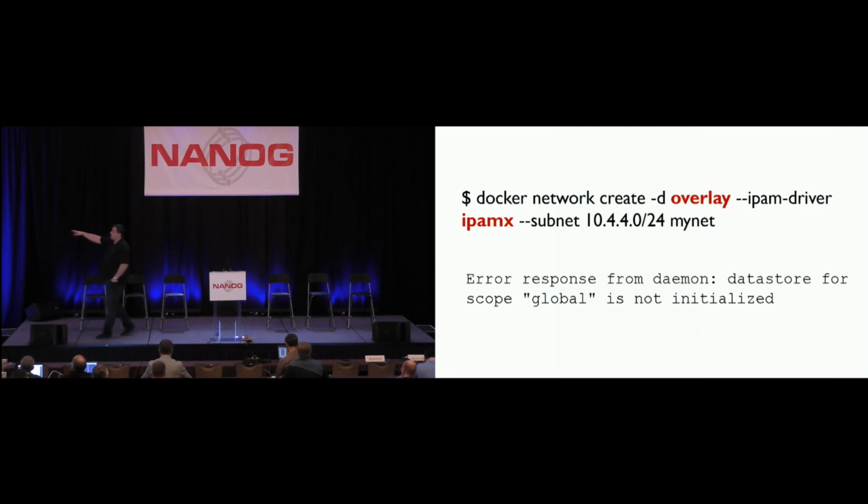So when you try to create a network using the overlay driver, and your Docker engine is not connected to a distributed global key value store, you will end up with this message. It means that the network definition is global, but you don't have a key value store defined, so I will not be able to create that network from the get-go.